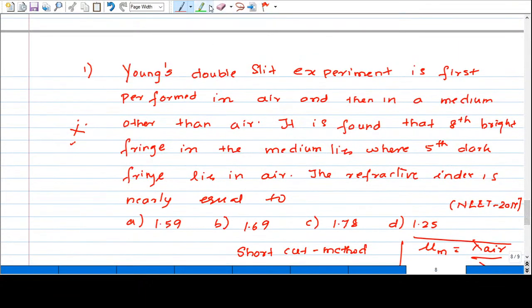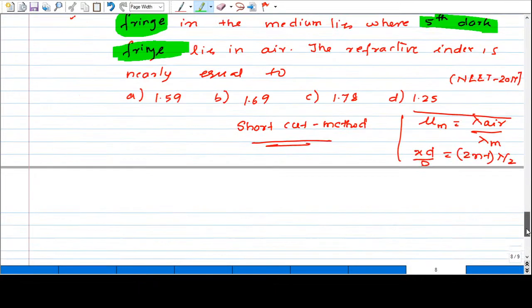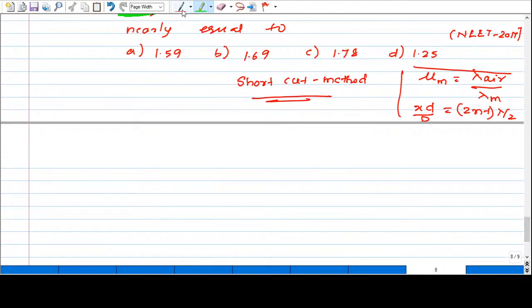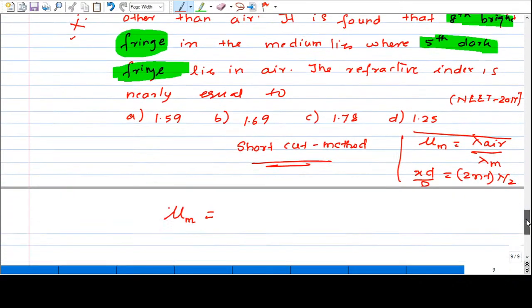I will just point out in the question: 8th bright fringe, then 5th dark fringe. The refractive index. Use my shortcut formula now to go with the sum. So we have to find the mu m. That is the question. To find the mu m, how many bright fringes are there?